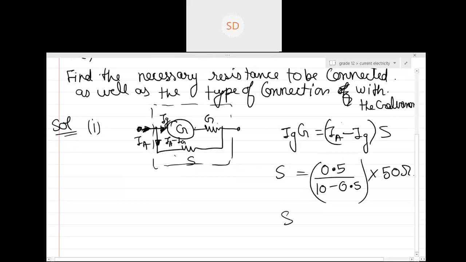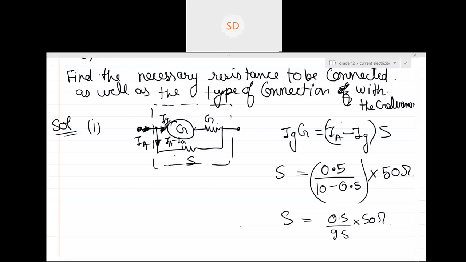Can you see over here? What will S be equal to? S equals 0.5 upon 9.5 into 50. So you can calculate. See, it's just like this. Questions will form just like this. Nothing extra is there. And the main type of questions come from the potentiometer part, not this one. These are easy. So note it down.